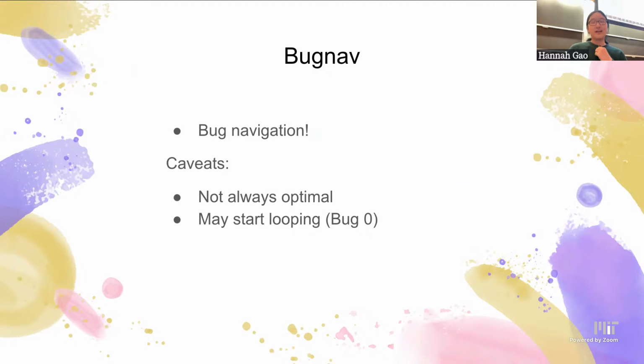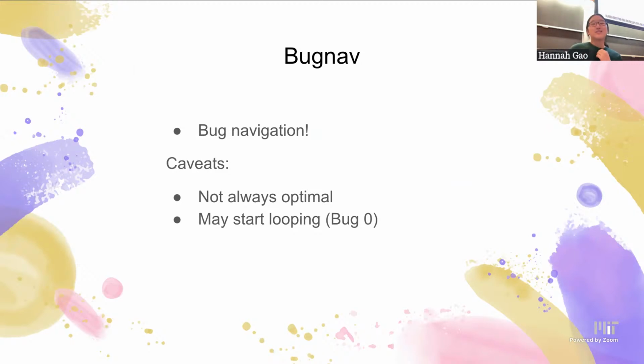BugNav has a lot of advantages over the traditional search methods like BFS and A*, but some caveats are that it's not always optimal. For BFS, I can guarantee you that if there's a way to get from the starting location to a target location, then BFS will find the optimal solution. With BugNav, that is not always the case, but it's usually pretty good. And most of the time, all we care about is getting a pretty good solution.